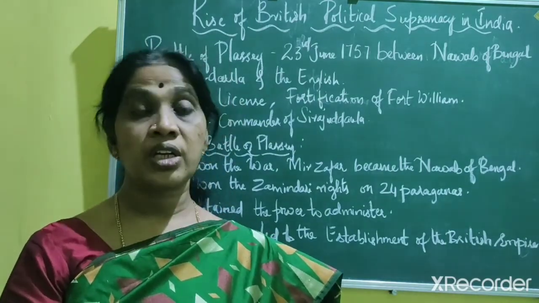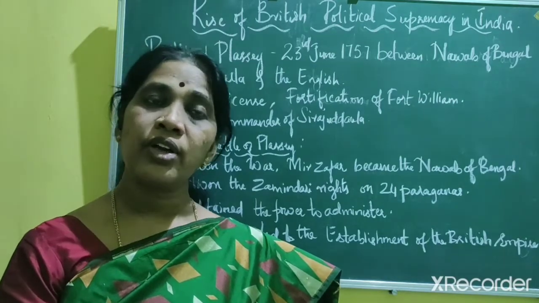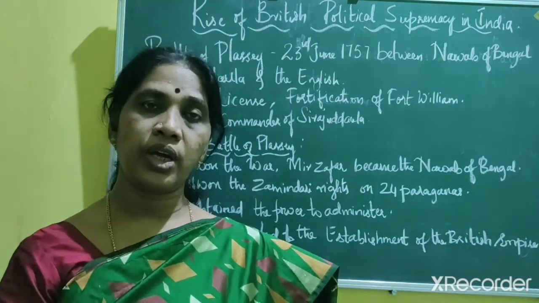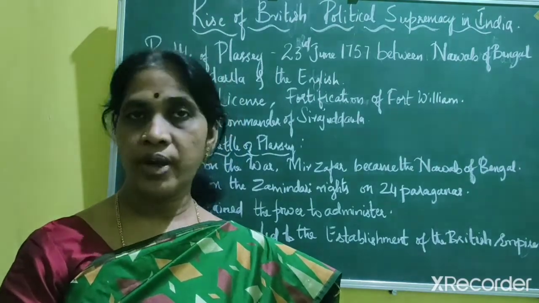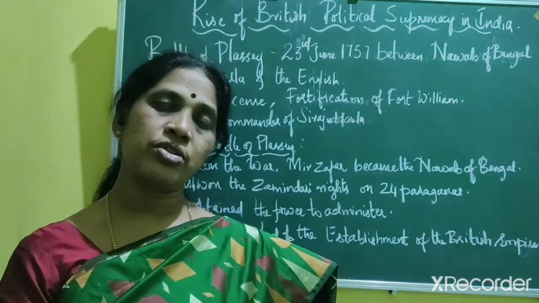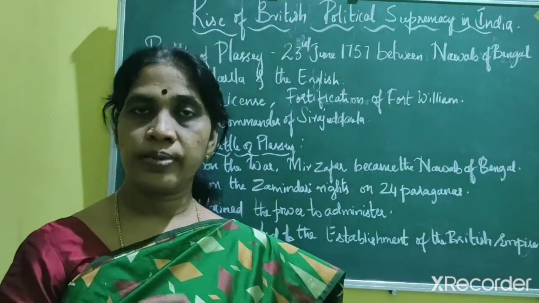So with his 30,000 soldiers, he went to the English factory established at Qasim Bazaar, and he captured that place. He even captured the company officials and locked that warehouse.